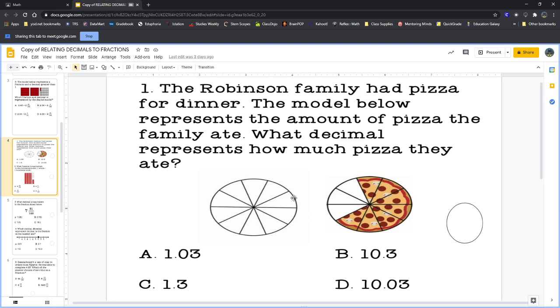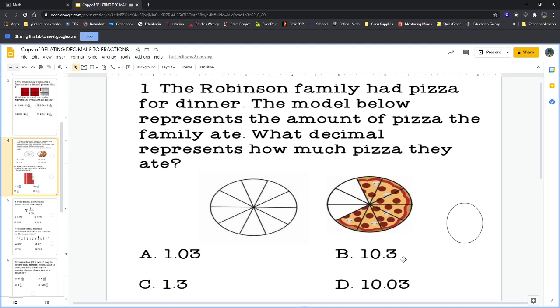How many pieces are gone? 13? No, not 13, Christopher. Again, I know the first pizza is gone. How many pieces are gone from the second pizza? 3? 3 pieces. So one whole pizza and then 3 pieces from the second pizza.